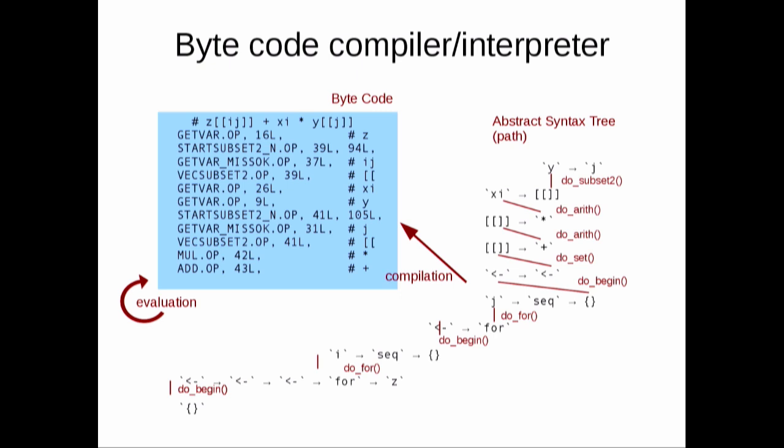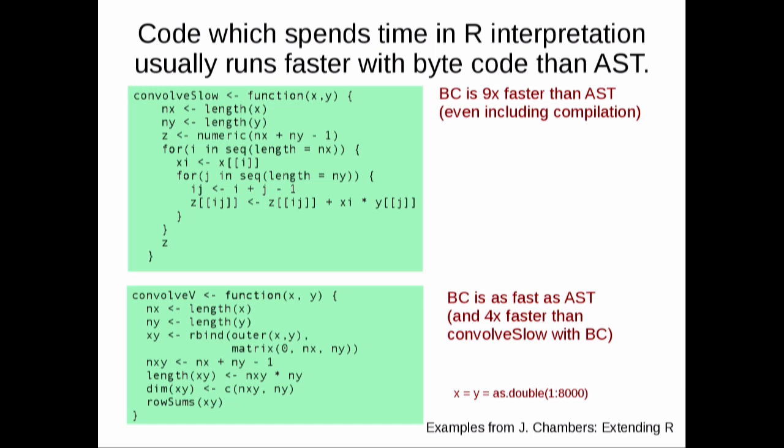And then you can see how it works. The compiler will take a function at a time in this example and analyze the whole function, do a lot of optimizations, and then generate this bytecode. And then the bytecode interpreter will interpret this bytecode. So that's the rough idea.